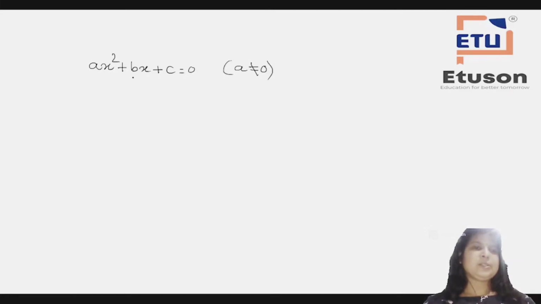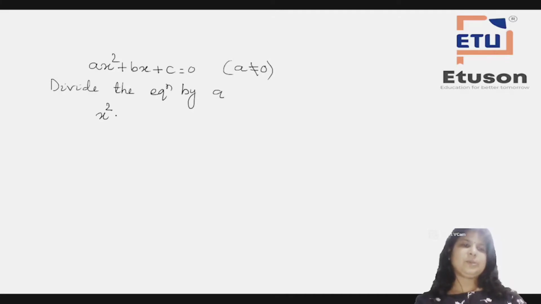So ax square plus bx plus c equal to 0. So divide the equation by a. If you divide, what will you get? You will get x square plus b by a x plus c by a is equal to 0.